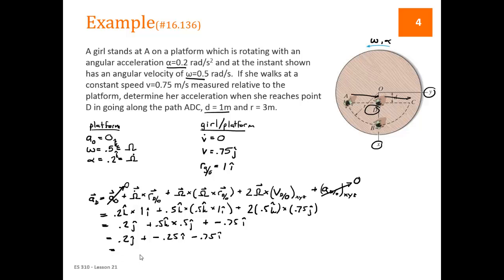So put these together, we get 0.25 minus 0.75, that's negative 1 i hat plus 0.2 j hat. Most of these problems, though the equations are very long, if we can set up the motion of the platform and the motion of the object relative to the rotating coordinate system, where the platform is the coordinate system, then it's just a matter of plugging these values in and taking a whole lot of cross products of i's, j's, and k's.